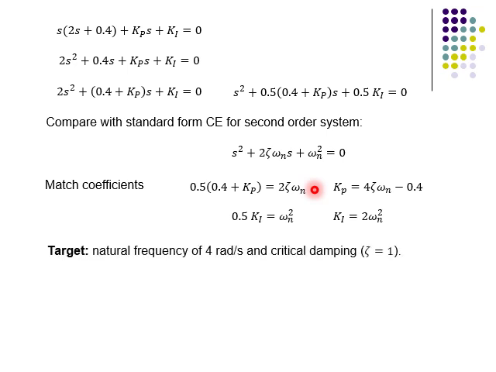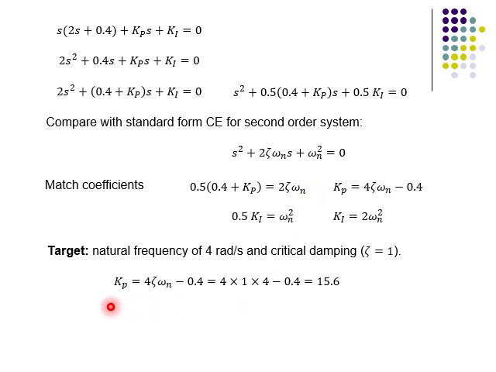The information in the question told us that the target for the closed loop system was to achieve a natural frequency of 4 and damping ratio of 1. So all we have to do now is substitute those values into the two equations.